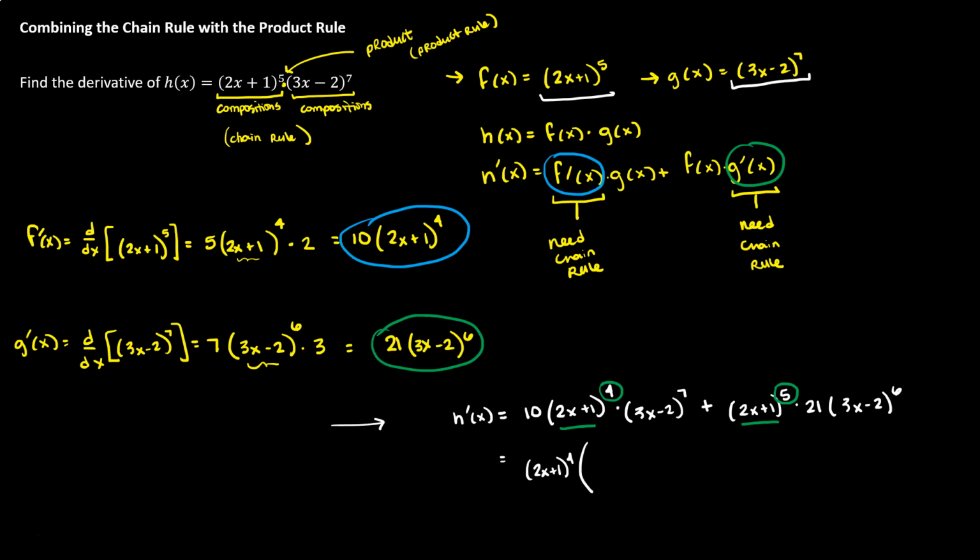Doing that would leave behind 10 times 3x minus 2 to the 7th. And then in the second term, if I'm only allowed to factor off 4 of the 2x plus 1 factors, then one of them has to be left behind.